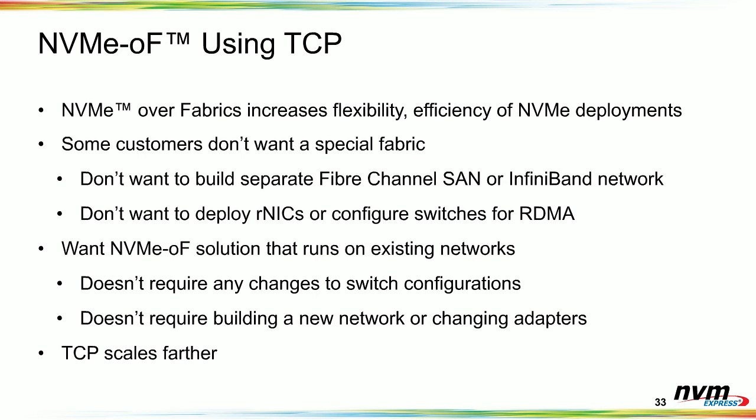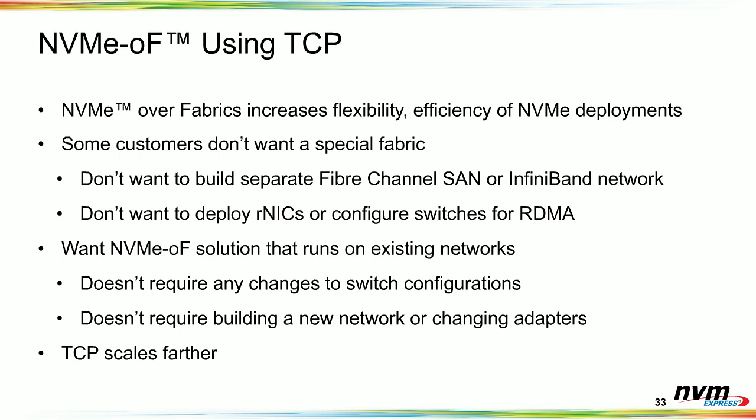It doesn't have to be flash. And NVMe over Fabrics lets you access that remotely. So you can use NVMe storage that's in a different machine or a different location by using NVMe over Fabrics. And so this is growing in popularity. There's more interest, more support from vendors, more customers testing it or deploying it.